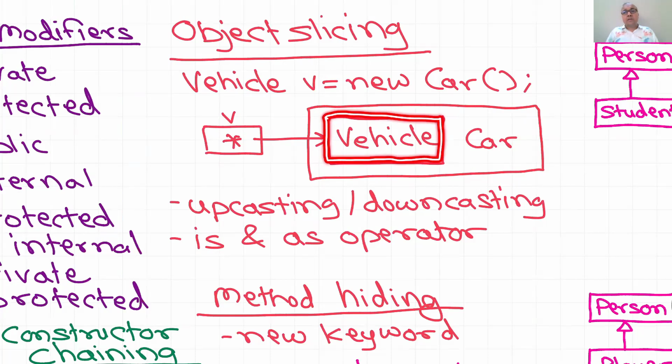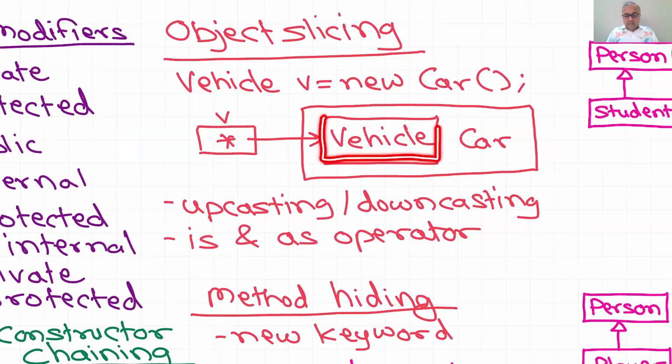This particular concept is called object slicing, because with such a reference, we are only accessing the partial features of the car. We are not referring to the advanced features of the car. We are only referring to those functionalities of the car which are inherited from the vehicle class.